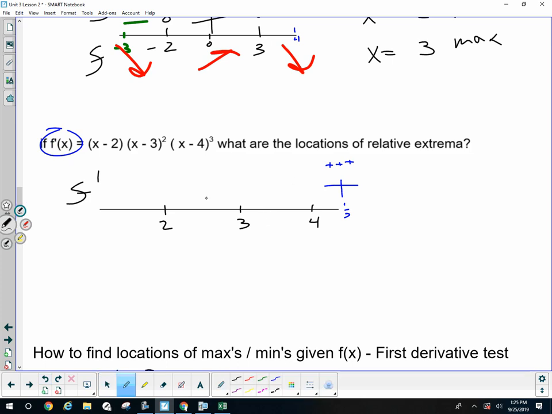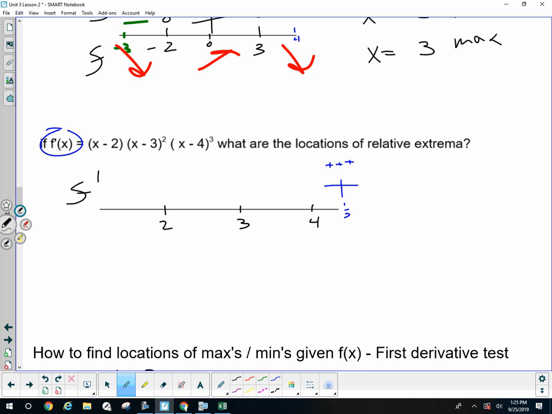Plug in 3.5, 2.5, 1. See where we don't change signs. I will tell you right now that we do not change signs at 3.